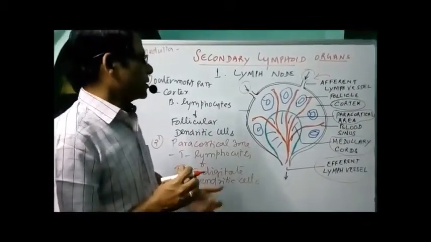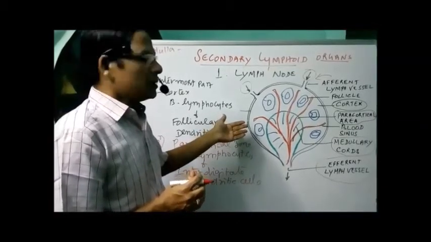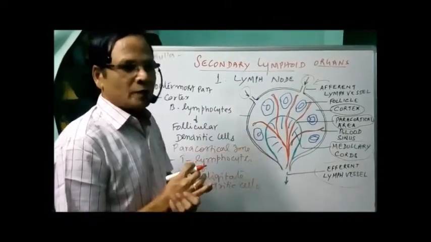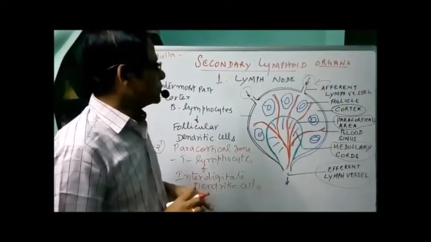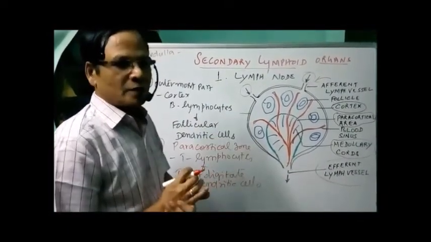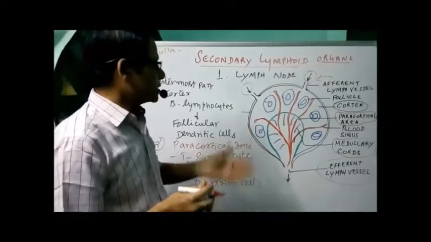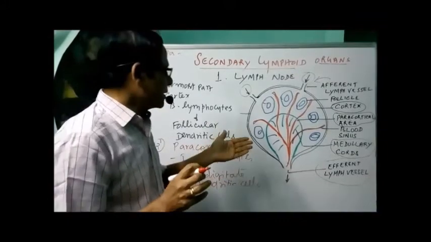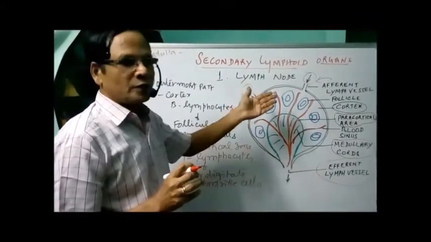Now what is happening? When the lymph is flowing through, antibodies are produced by the plasma cells against the antigens that enter through the lymph.